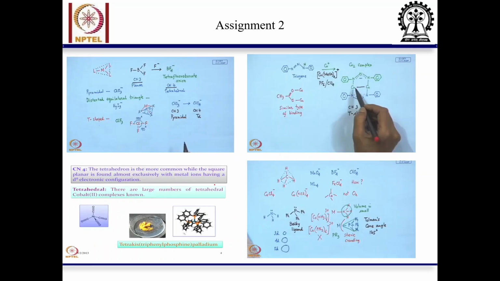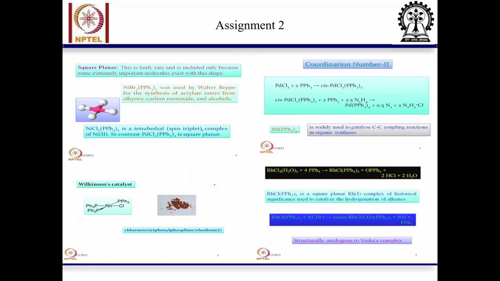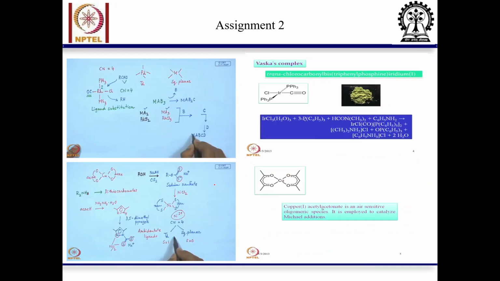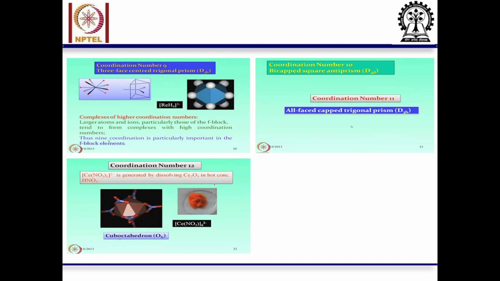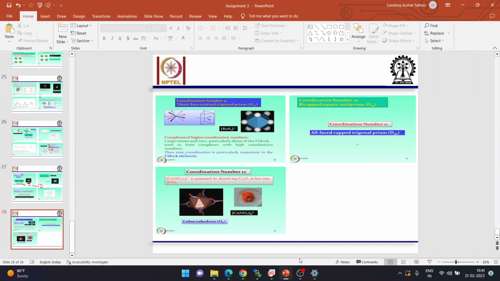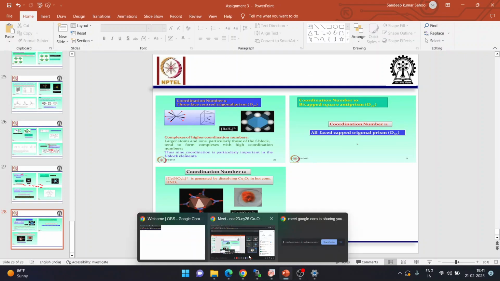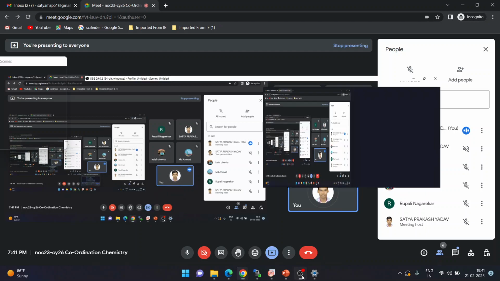Okay, so these are the things that Professor told in the coordination number classes. I will share these things in whatever sheet is there. Okay, so let me start the recording now.